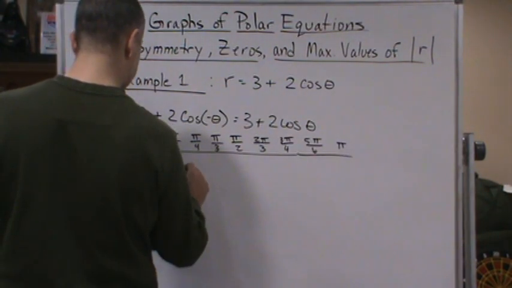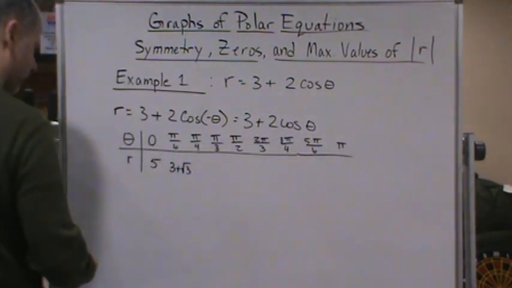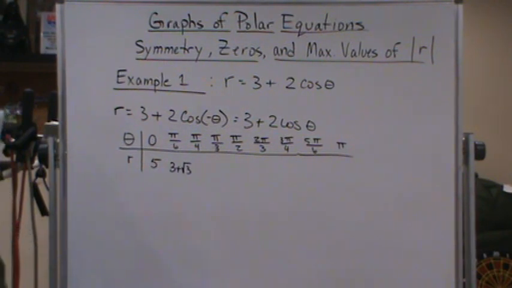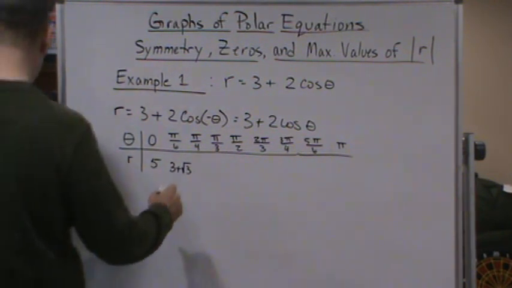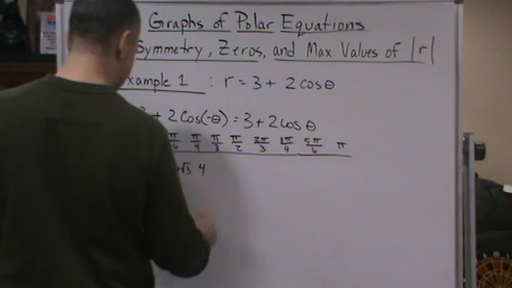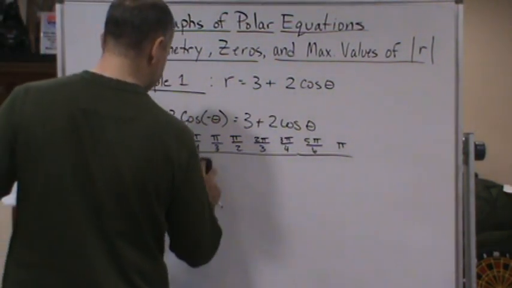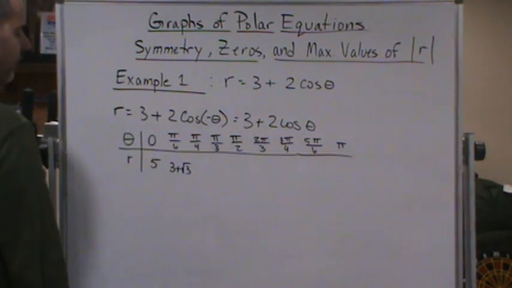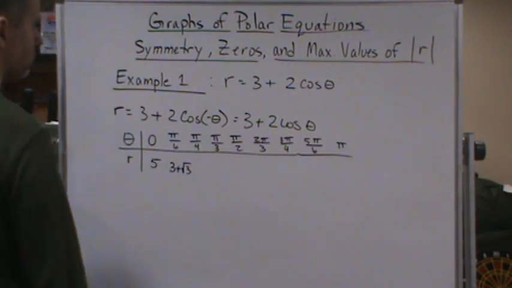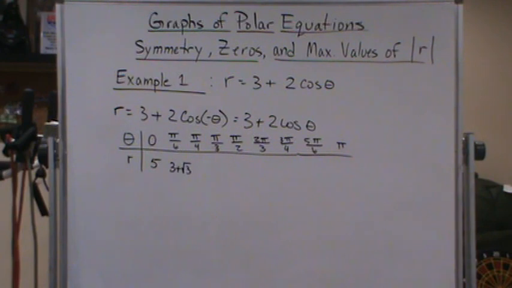The square root of 3. Okay, so it's going to be like 4.5. And then at pi over 4, cosine of pi over 4 is square root of 2 over 2. So that's going to be square root of 2.